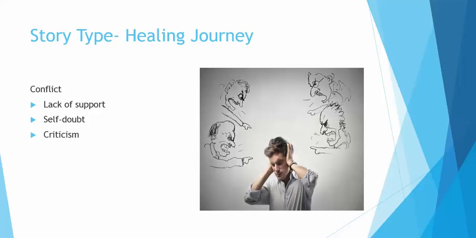But when you're trying to do something by yourself and nobody supports you, or even worse, people criticize you because they think that since they can't do it, you can't do it either, all of those things create a lot of self-doubt, and it's very difficult for the person to continue. So in this type of story, the biggest problem is really the self-doubt, not so much somebody else.